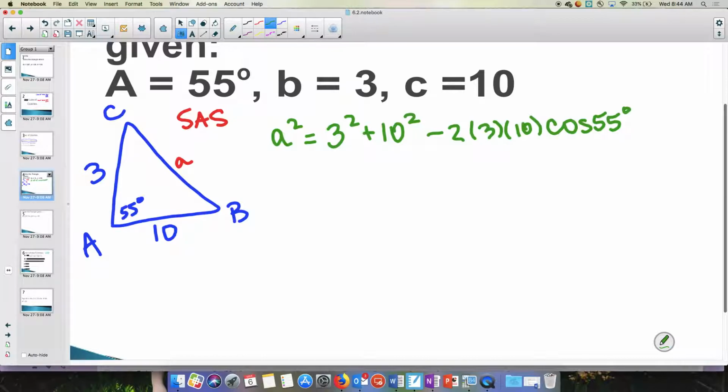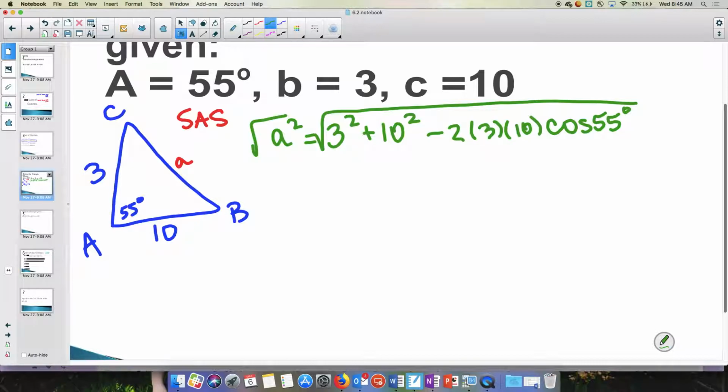Okay? Let's think about this. Can we punch all of this into our calculator? We can, and we would get some number, and that number would equal a squared. And what would we have to do? Square root it. So do you agree that we're going to have to take the square root of both sides, which means we have to take the square root of that big mess, right?